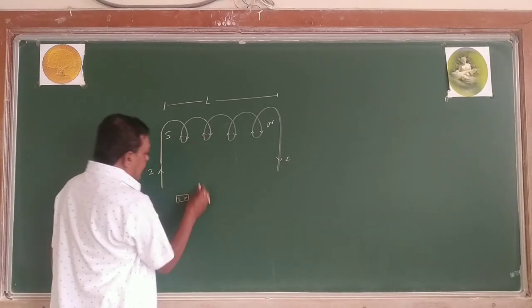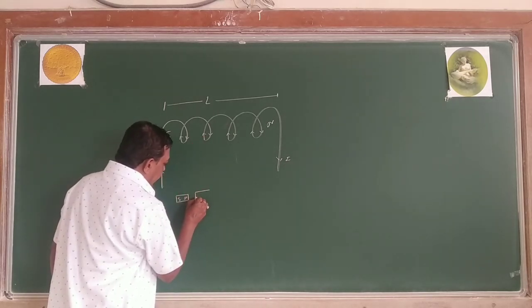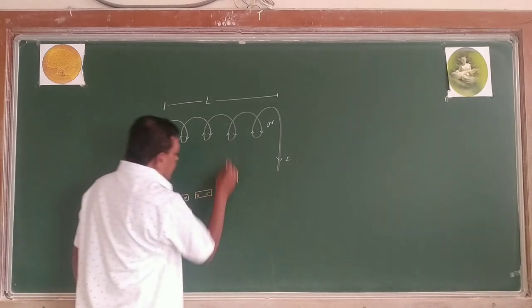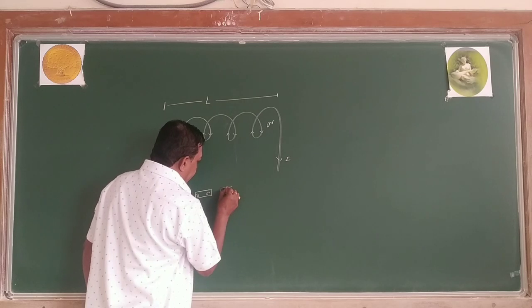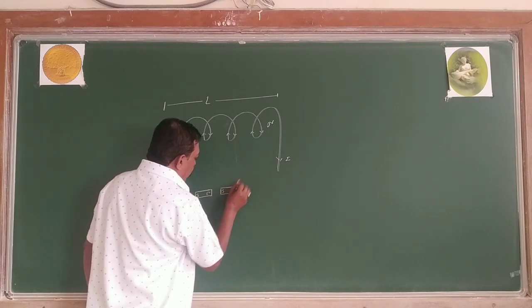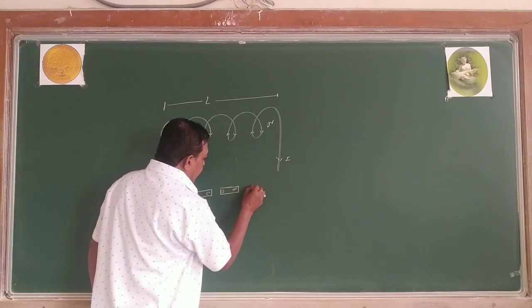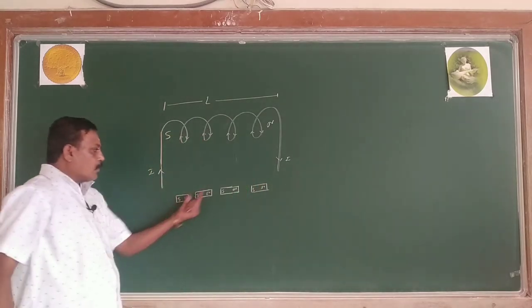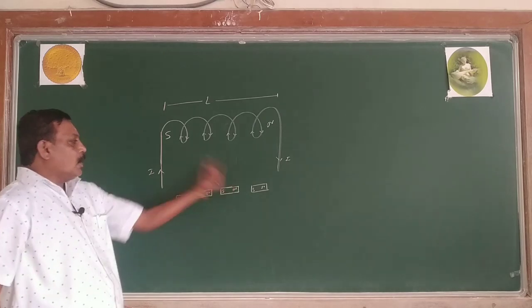This turn is also acting as a tiny magnet, south, north. This turn acts as a tiny magnet, south, north. There is a force of attraction between the opposite kinds of poles.